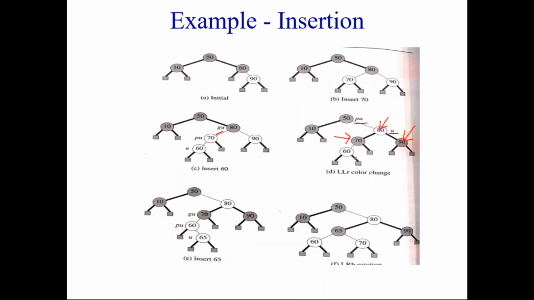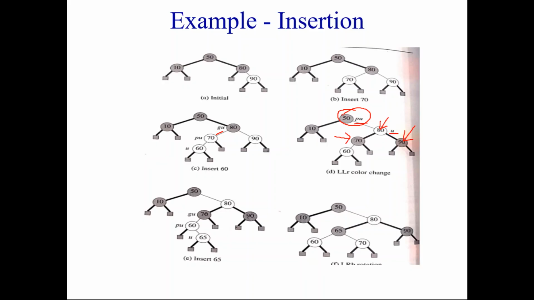If this is u and this is pu, you can stop here, because pu is the root node. If pu is the root node, surely it will be black; it cannot be red.